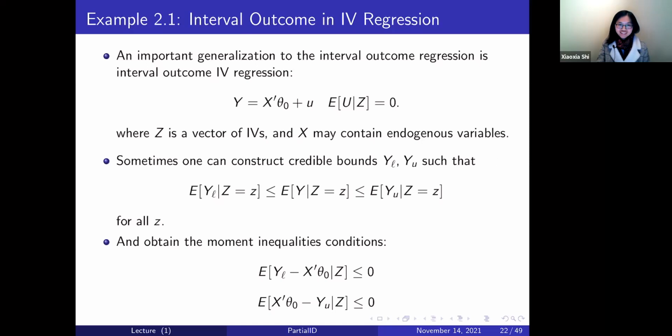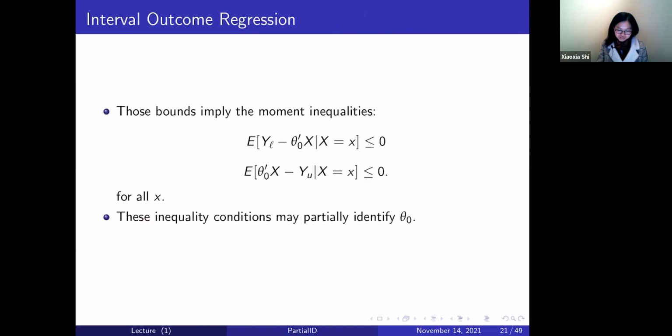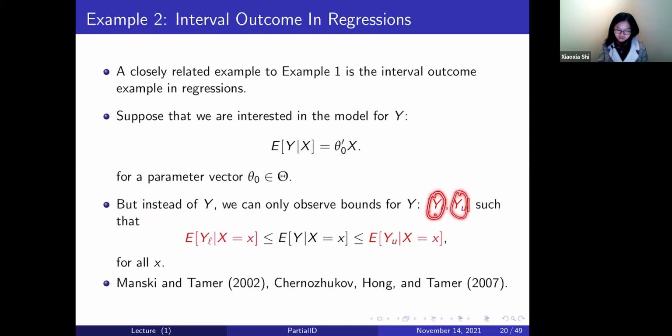Questions about this? Right, so these intervals YL and YU, I didn't talk about where they could come from. These are different from the little YL and little YU for the missing variables that we put, because little YL and little YU are non-random numbers. Whereas capital YL and capital YU are random variables that are known to bound Y, at least in conditional expectation. Often capital YL and capital YU can be constructed depending on the reason that Y is not observed.